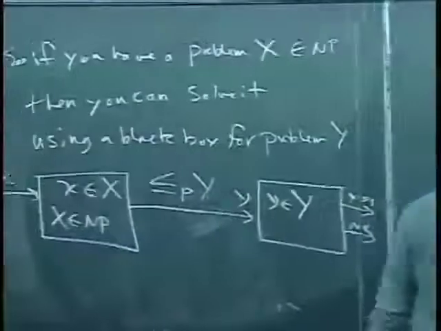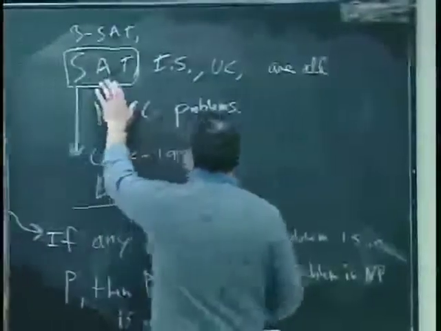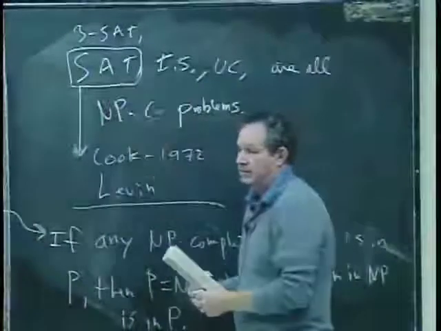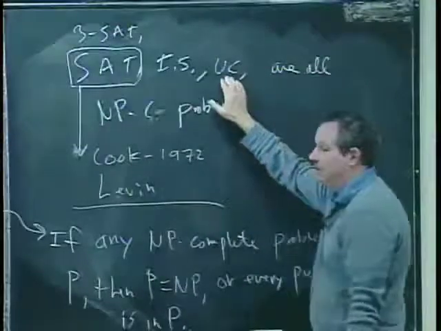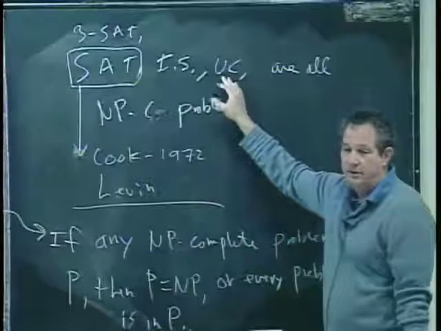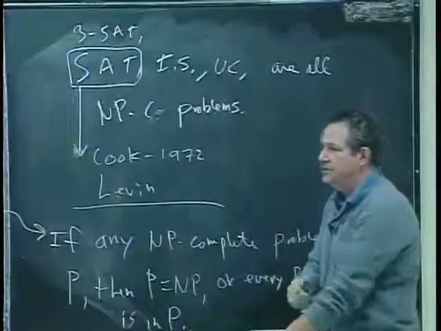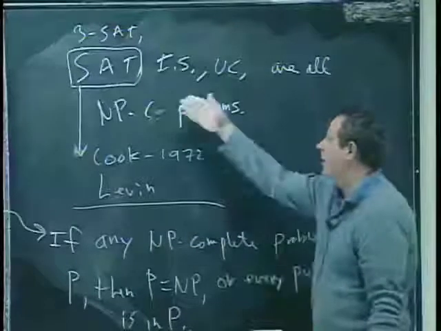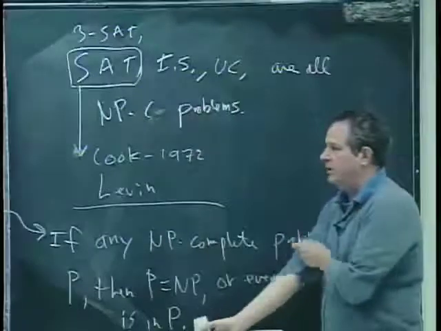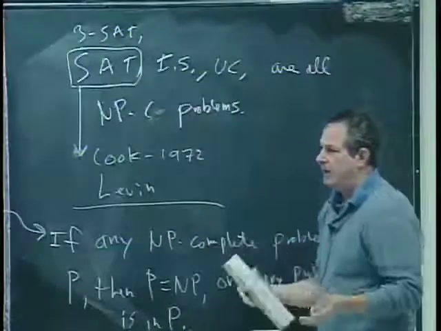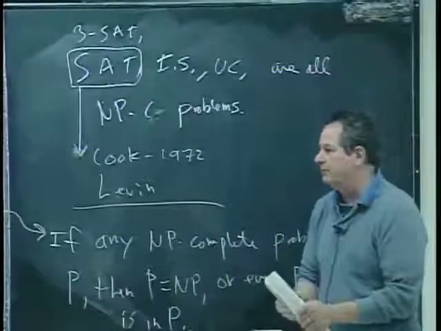So let's say you spend a lot of time trying to find a polynomial time algorithm for SAT, okay, and you fail. And I spend a lot of time trying to find a polynomial time algorithm for vertex cover, and I fail on that, all right? Now, at first you may say, well, that's two separate efforts. You were looking at SAT and I was looking at vertex cover, and we both fail, but is that combined effort evidence that P is not equal to NP?